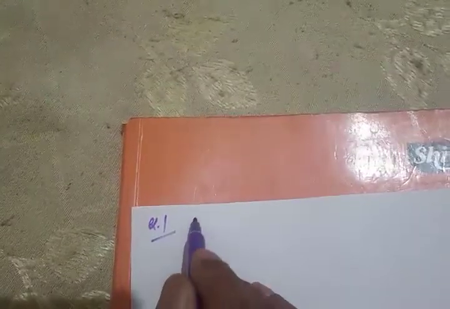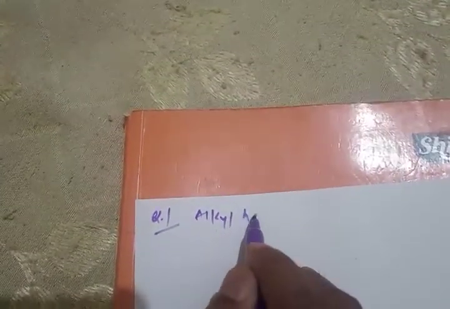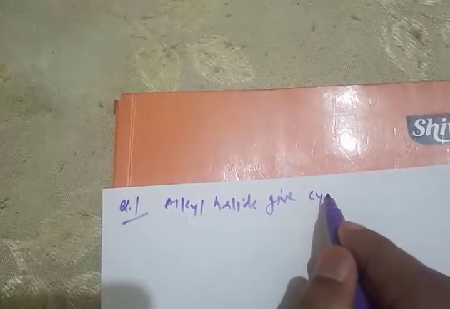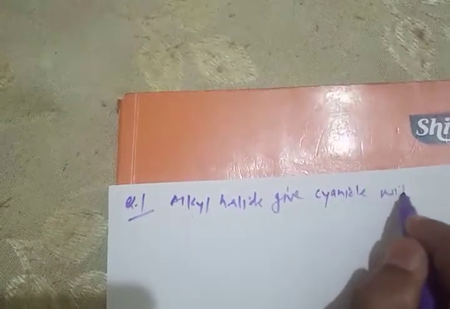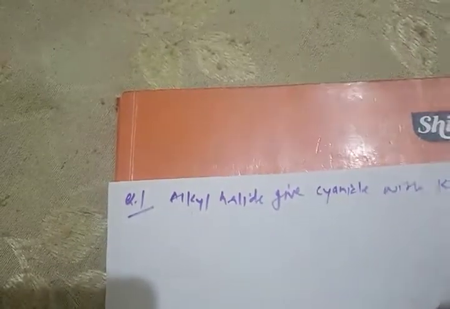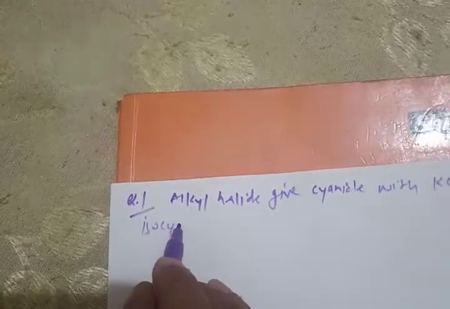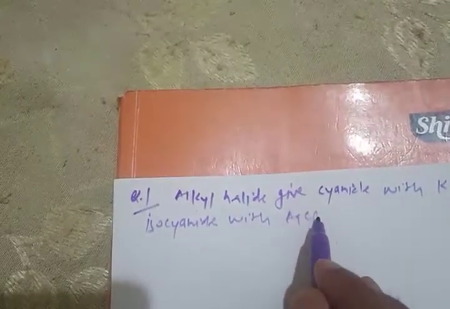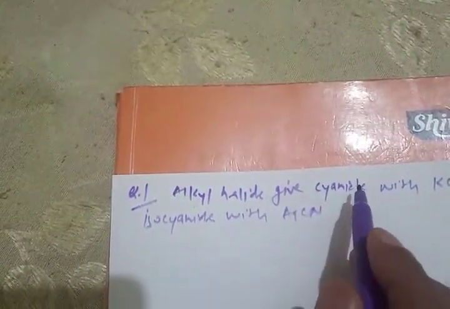My question number one: alkyl halide gives cyanide with KCN, but isocyanide with AgCN. Explain.